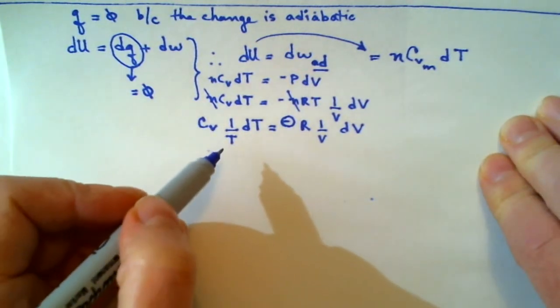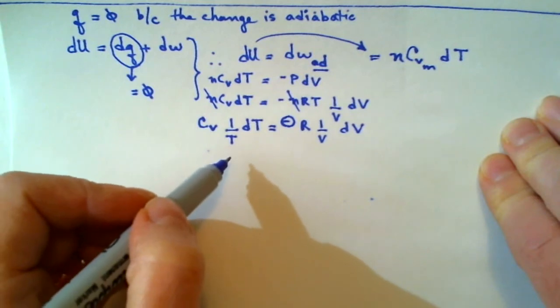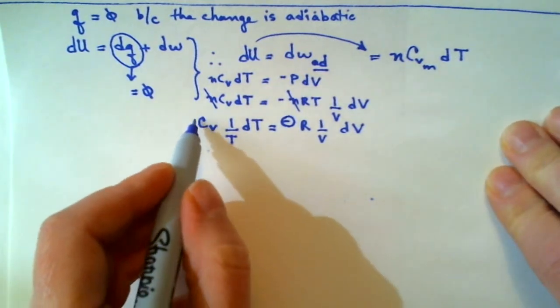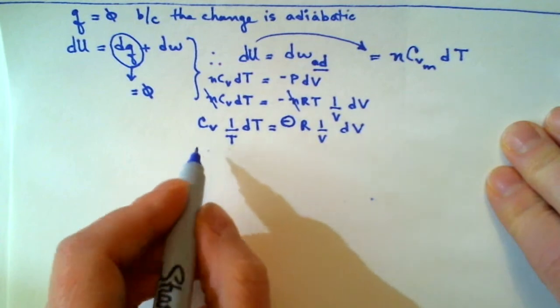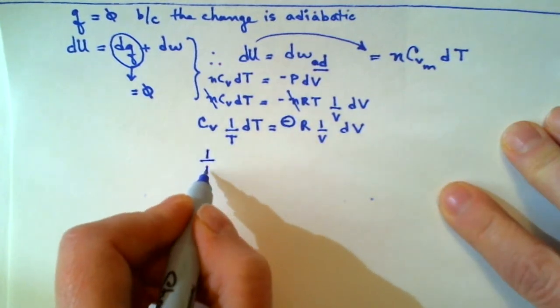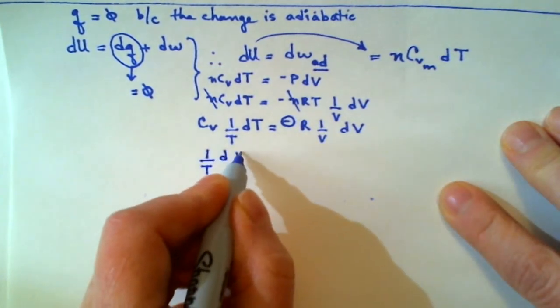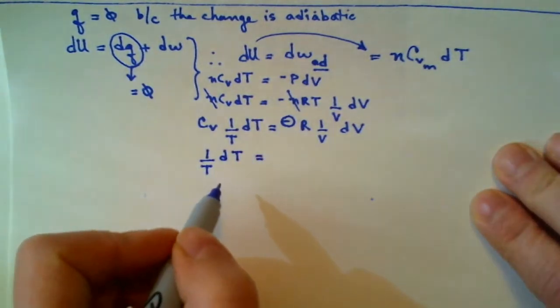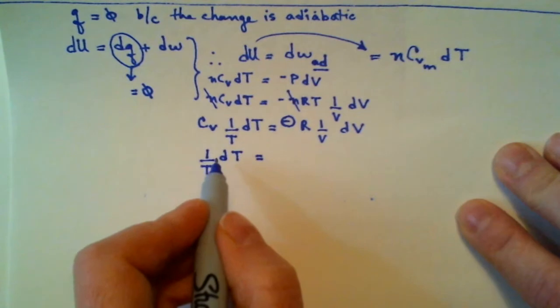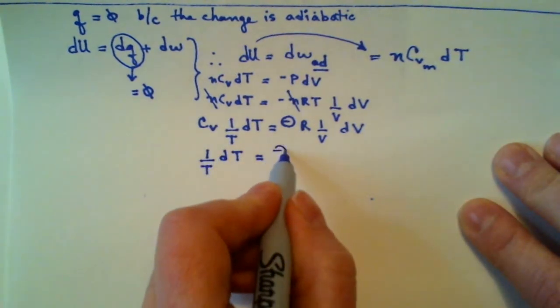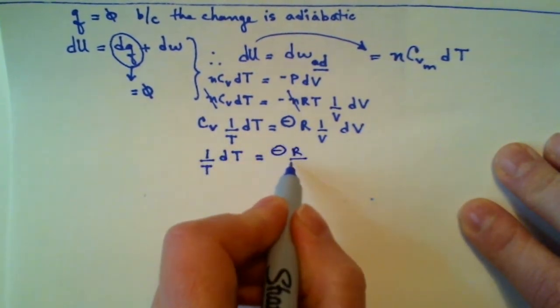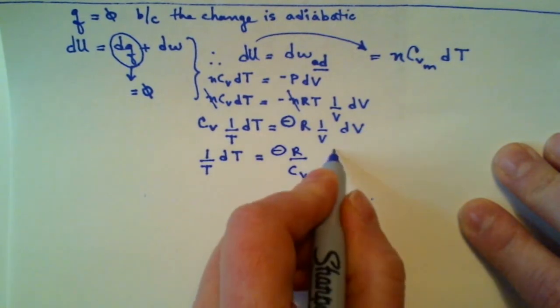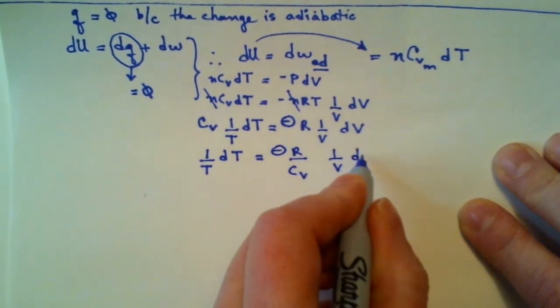And I'm after a formula that isolates T final equals. And so what I'm going to do is take this constant and bring it to this side. And that will leave, quite simply, what will become a temperature ratio solution uncluttered. I have a negative sign. This is R over Cv multiplied by 1 over V dV.